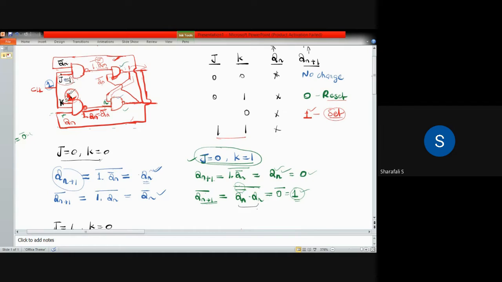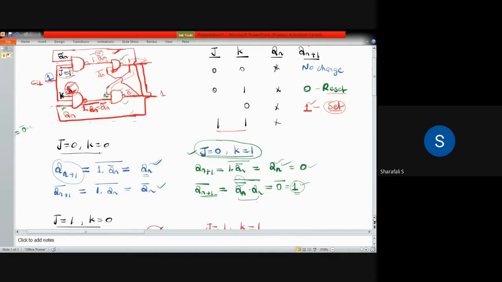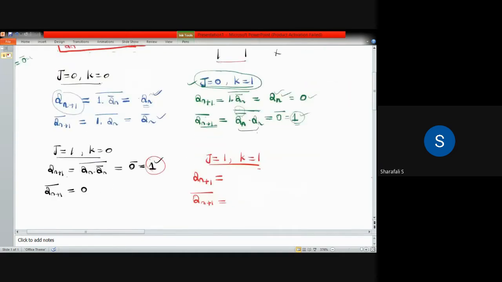That Qn bar has to be multiplied with this output, that is Qn. So Qn dot Qn bar will come. That will be equal to 0. 0 complement will be your output here, that is equal to 1. So your output here is 1. So you can say Qn plus 1 bar is equal to Qn bar dot Qn full bar, which is equal to 1.